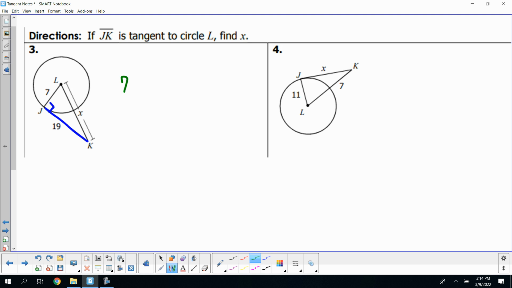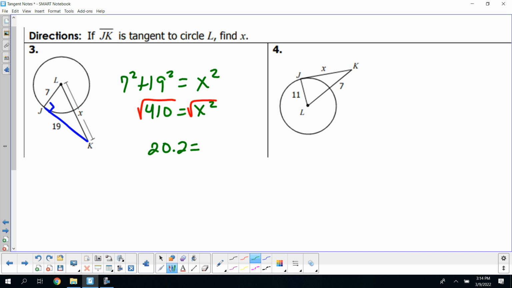So 7 squared plus 19 squared is going to give us our X squared, and that's what we need to solve for. 7 squared plus 19 squared gives us 410. And again, we're going to take the square root of both sides. The square root of 410 gives me 20.2, and that's going to be what X is equal to.